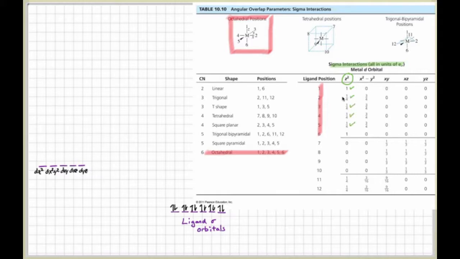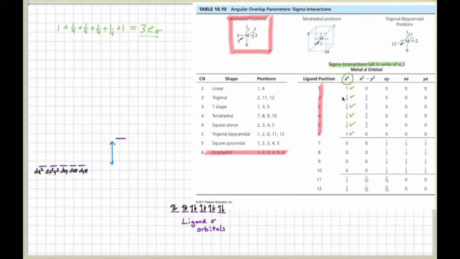Ligand positions 2 through 5, 1/4 E sigma each, and then ligand position 6, another 1. So adding those up, we get a total of 3 E sigma as the amount that the dz squared will be raised in energy, and that's how we calculate that.